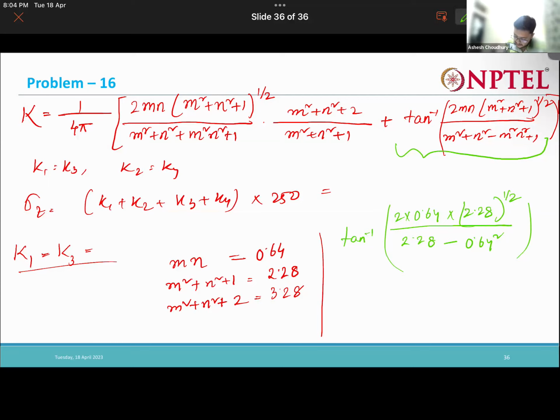How much is the angle coming? 45.94, right? How many radians? 0.78, or 0.8 radians. So this part we have done.